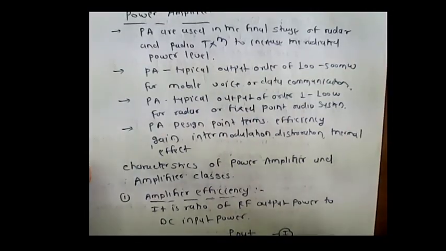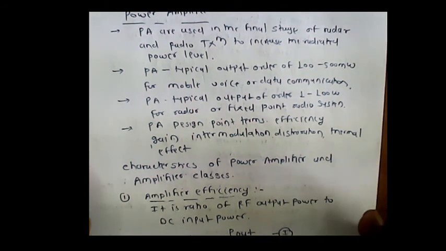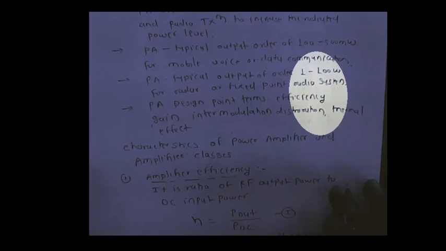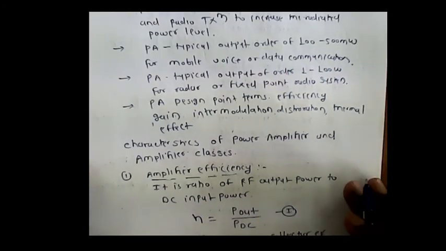The typical output ranges from 1 to 100 watt for radar or fixed radio systems. Power amplifier design points are efficiency, gain, intermodulation distortion and thermal effects. These are the characteristics of the power amplifier and the amplifier classes.